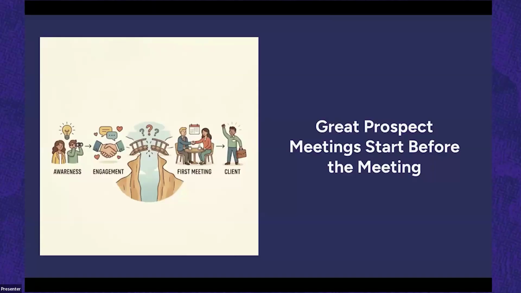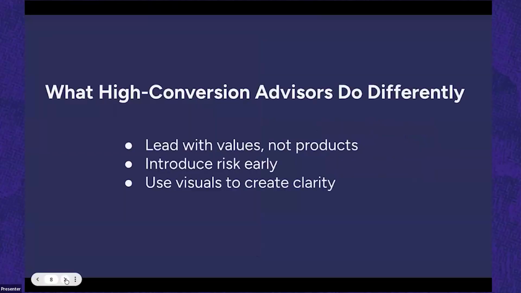So we want to not just focus on the meetings and having a good, strong meeting with a prospect, but also how are we nurturing them through that initial discovery of your firm and engaging with your firm. So we'll show you some tools that you'll have at your disposal in Nitrogen to really help with that, so that you can make an impact even long before they schedule on your calendar.